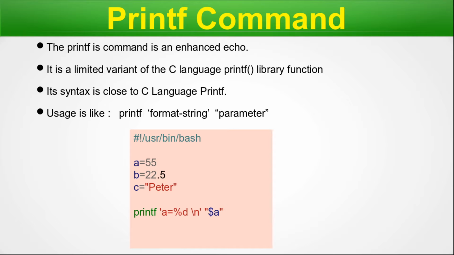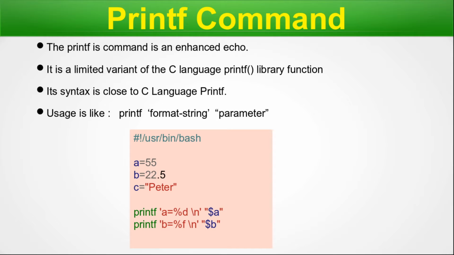So here if we execute this, it will print out a equal to 55. Similarly for b, we write b equal to %f and then \n, and then within double quotes the $b.